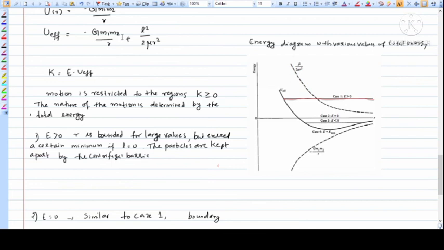R must be a certain value, and if R is equal to 0, U effective will be equal to infinity. That case is not possible, because it will make K negative. So R must have a minimum value, and the motion is restricted under this area.